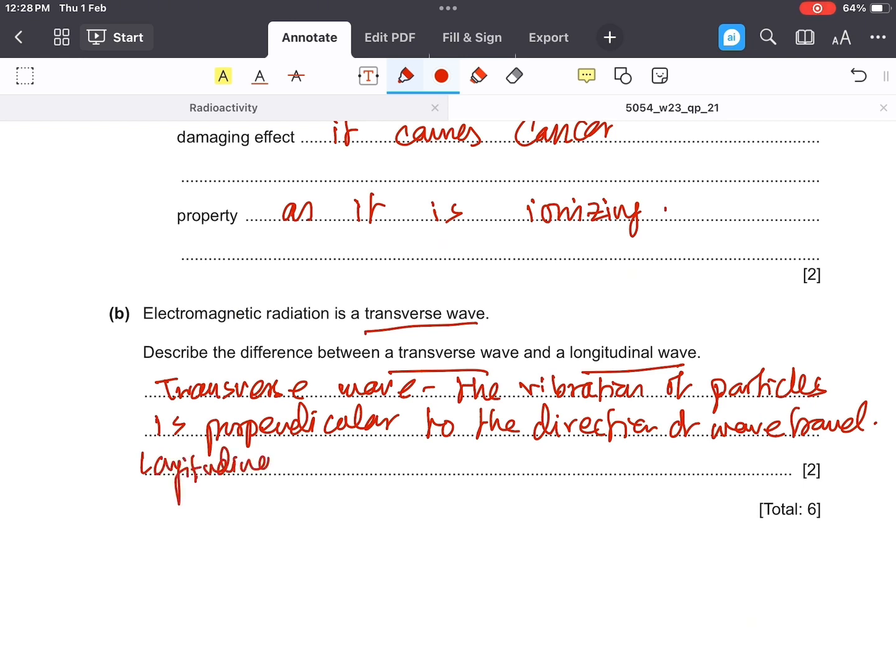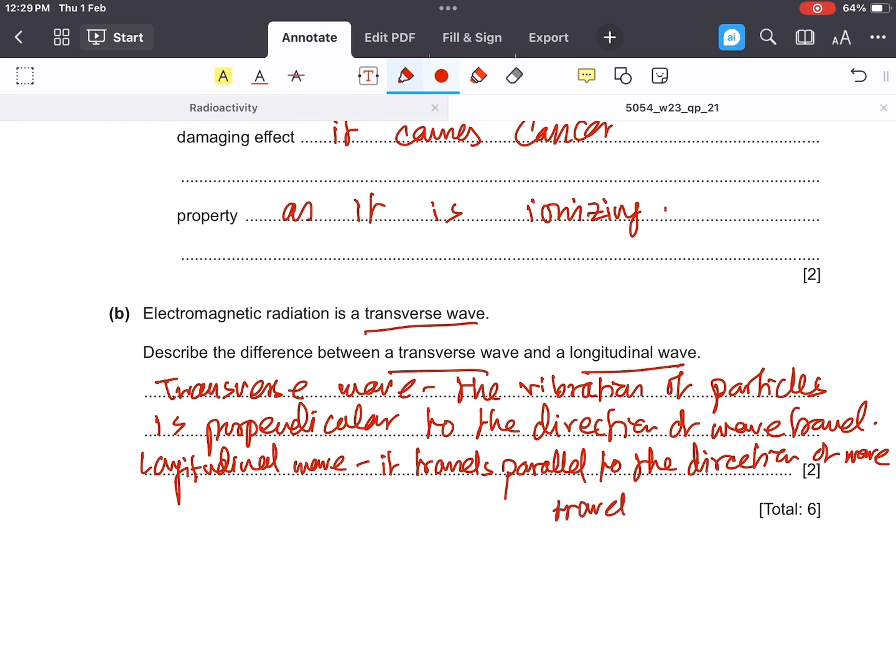Longitudinal wave, on the other hand, vibrates or travels parallel to the direction of wave travel. Yeah, that would cover 2 marks.